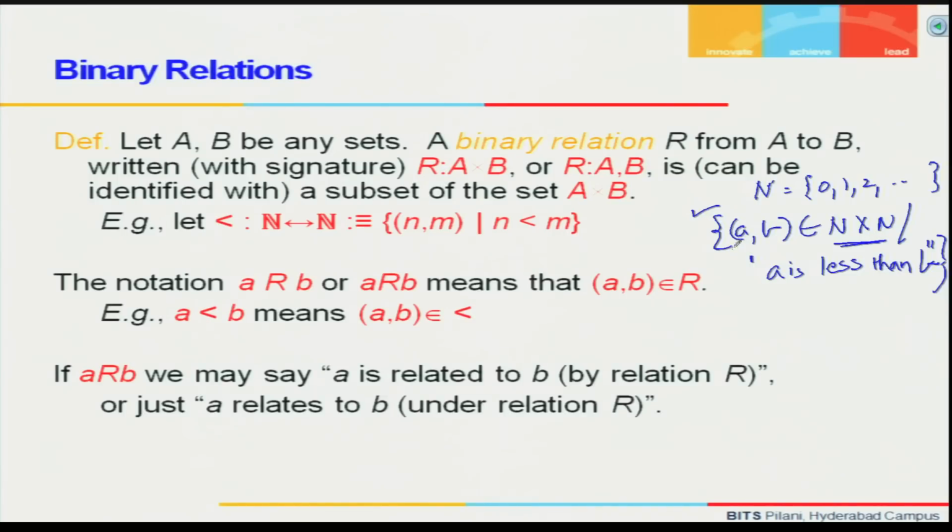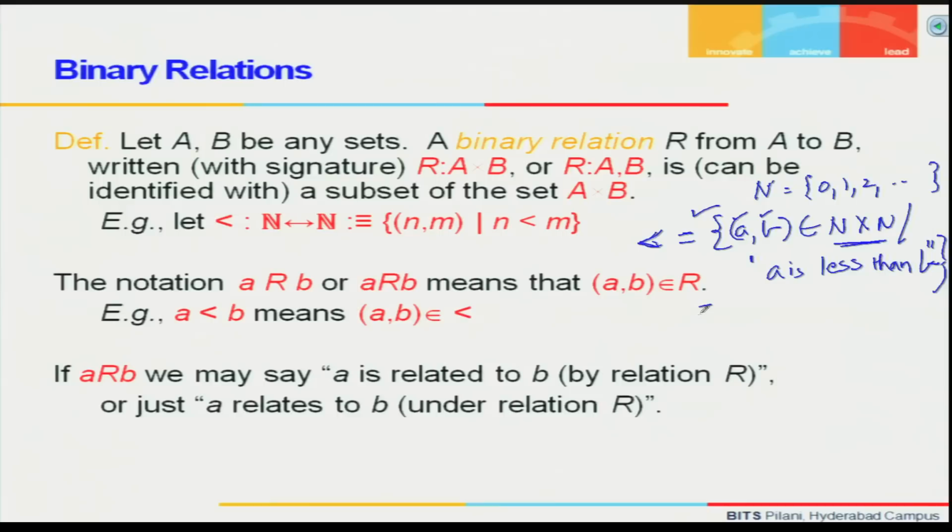That predicate is if the first element in my tuple is less than the second, then I consider the tuple to be in this relation, otherwise not. So if a is less than b, I put the tuple, otherwise I don't. This is definitely a relation, and I would love to call it the less than relation. It's just a symbol.